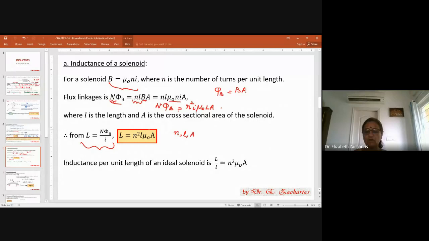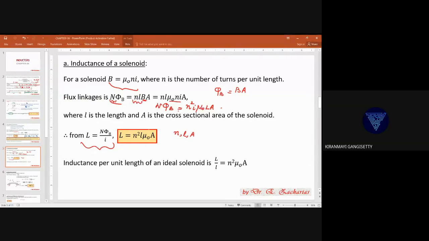Normally what happens is, you will not be talking about the inductance per se. You will be talking about inductance per unit length. Now let me see whether Kiranmai is able to answer. Did we see something similar in chapter number 20, in chapter number 30? Here we are saying inductance per unit length. Like that, did we see something there? Capacitance per unit length.